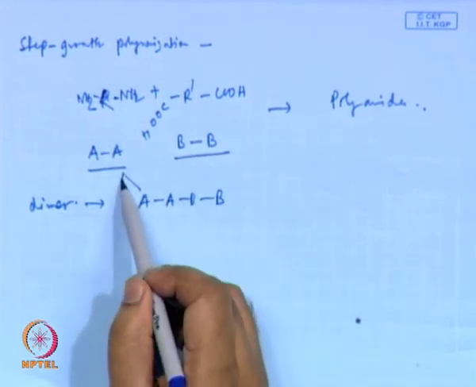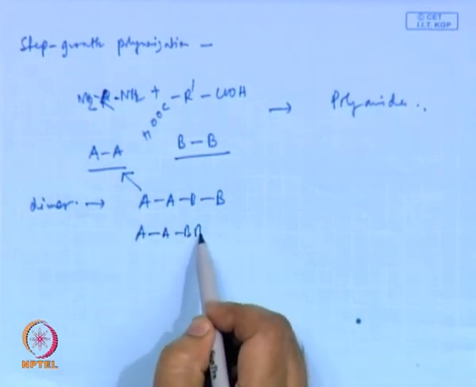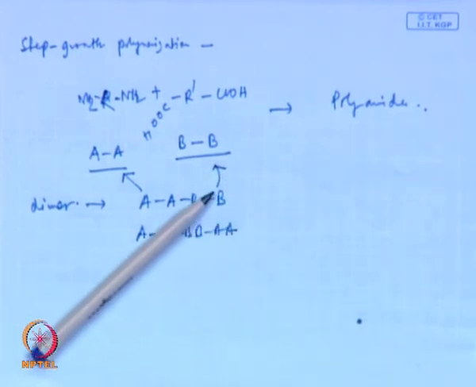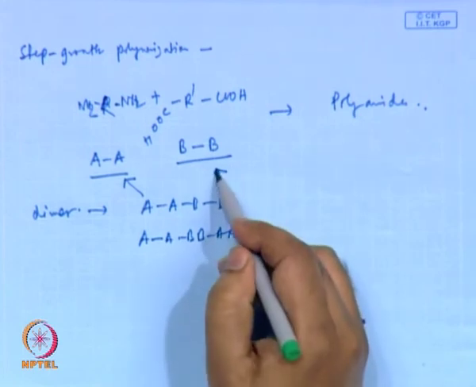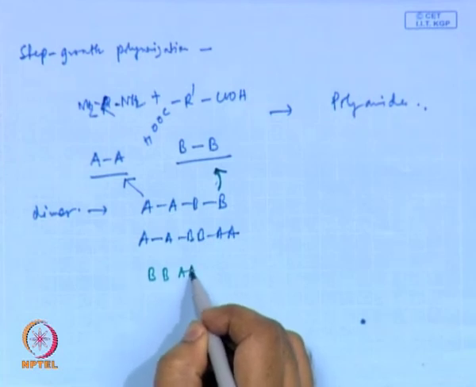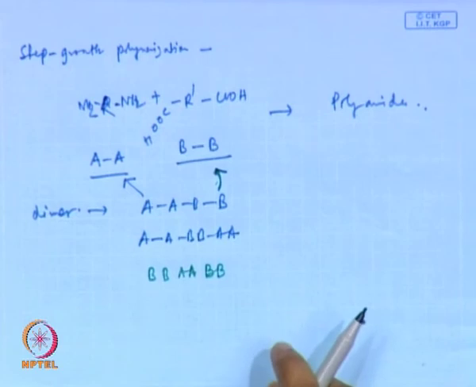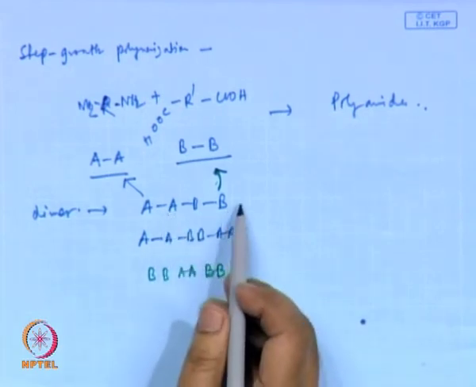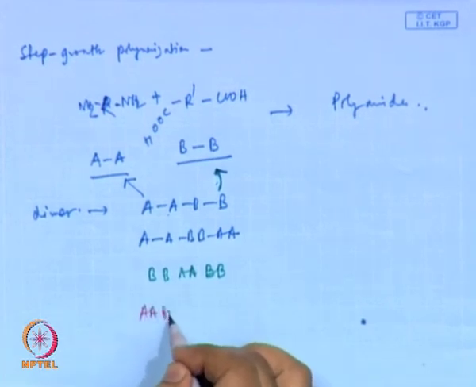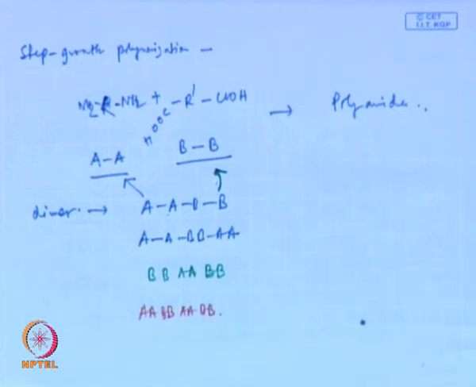If it reacts with this, you get A, B, B, A. If it reacts with this, then you get B, B, A, B, B. Now, if it reacts with itself, then you get A, B, B, A, B, B. So, you form these trimers.